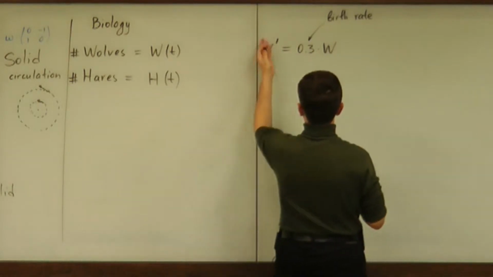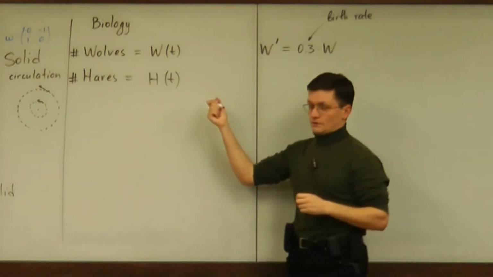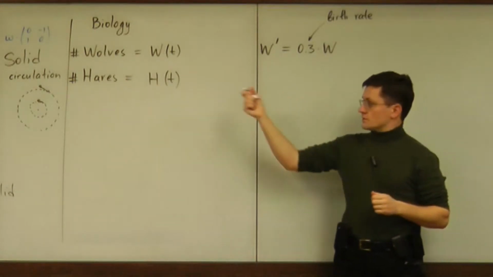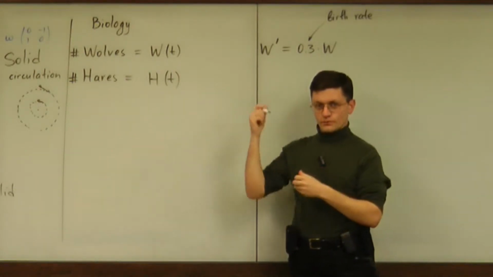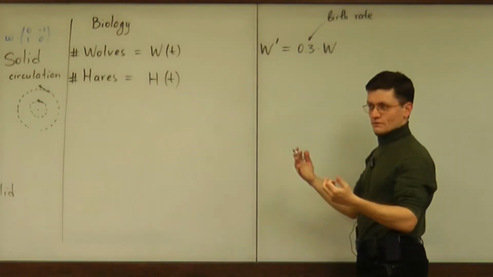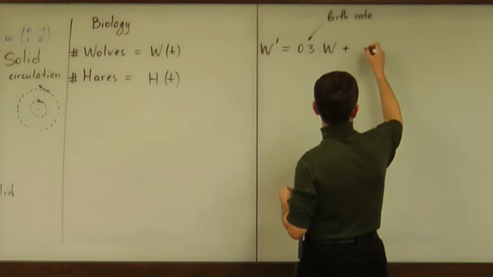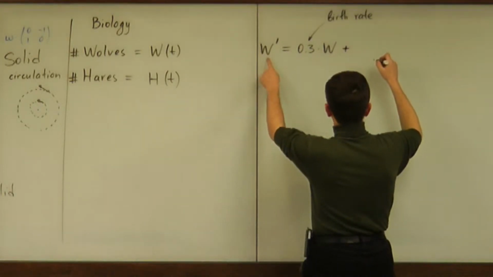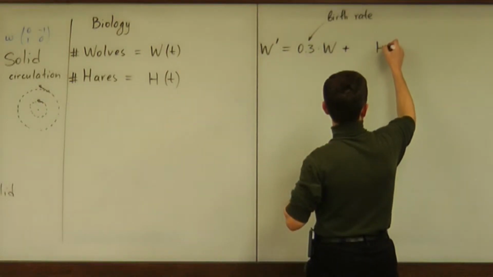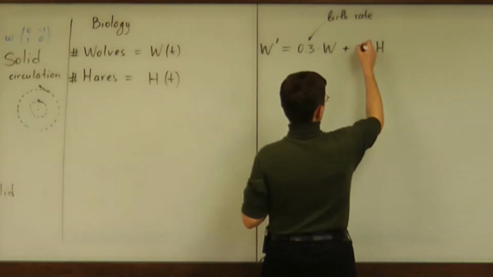Now, how does the rate of change of the population of wolves depend on the population of hares? Well, of course, hares provide food for wolves. So the more food we have, the faster we grow. So that means that we probably have that rate of change proportional to the population of hares with some coefficient.